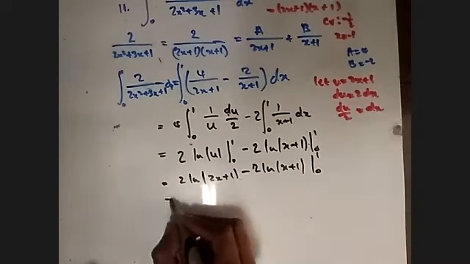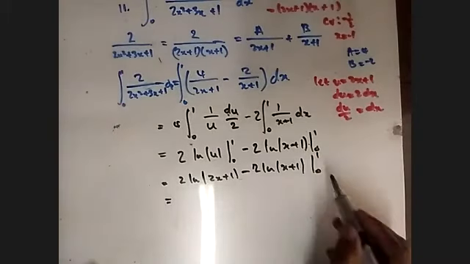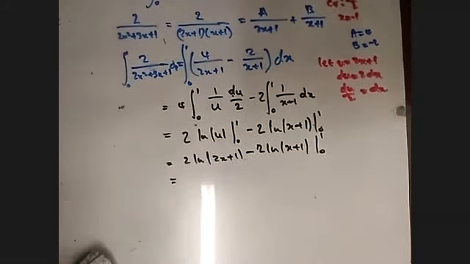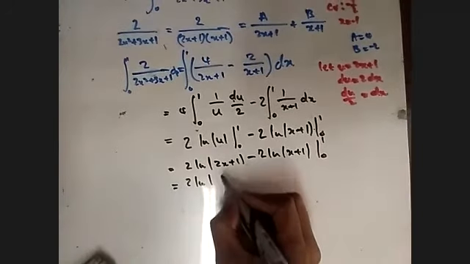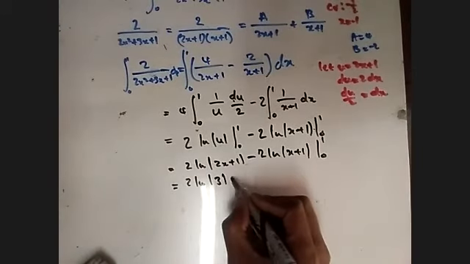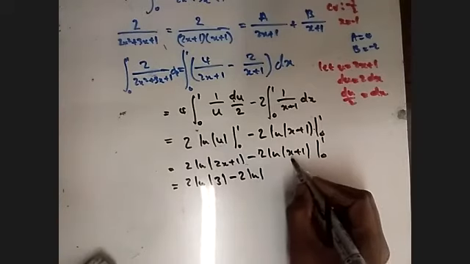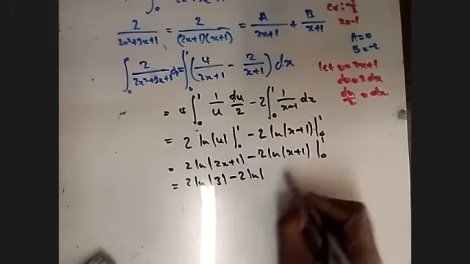So let us substitute the upper limit of integration, which is 1. We're going to have 2 ln of 2 times 1 is 2, plus 1 is 3, minus 2 ln of 1 plus 1, which is 2.